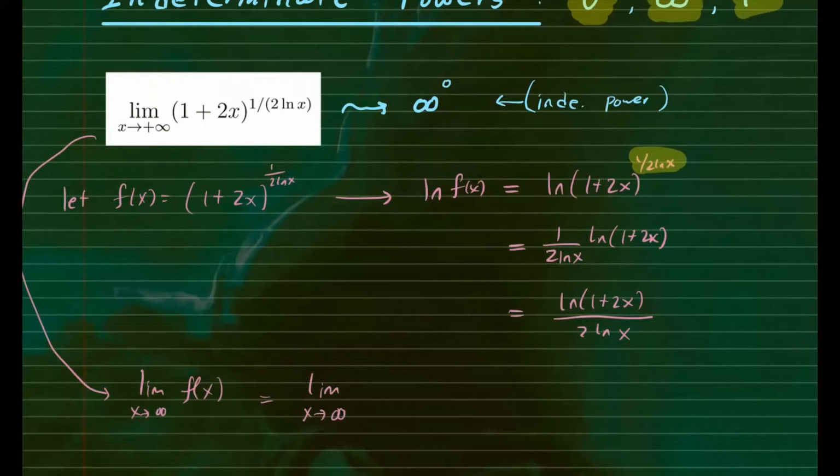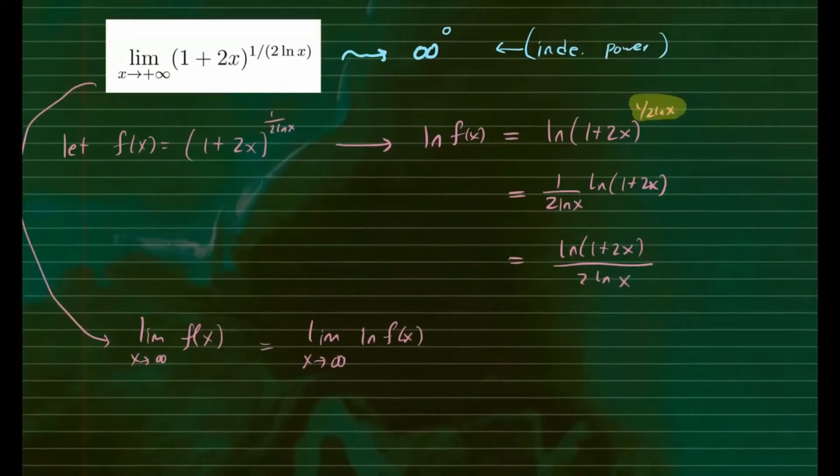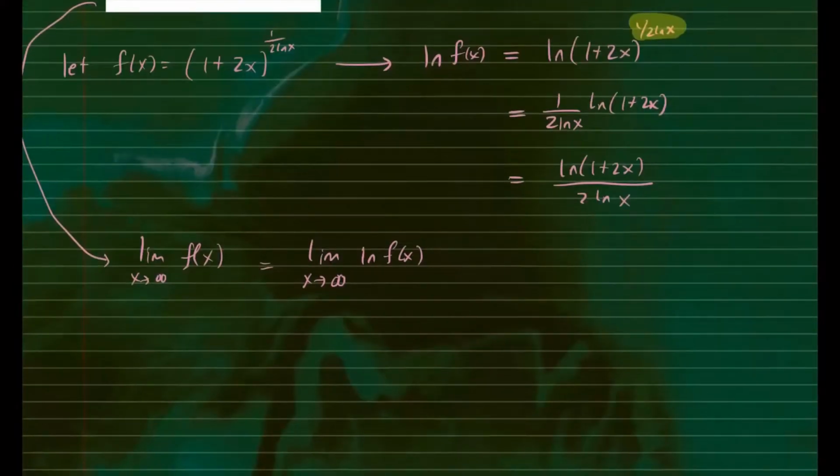Then I'm going to plug in what my function is equal to. So this is equal to ln, limit as x approaches infinity of ln of (1 plus 2x) over 2 ln of x. We do that so that it's easier to work with, and at the end, of course, we'll modify that.